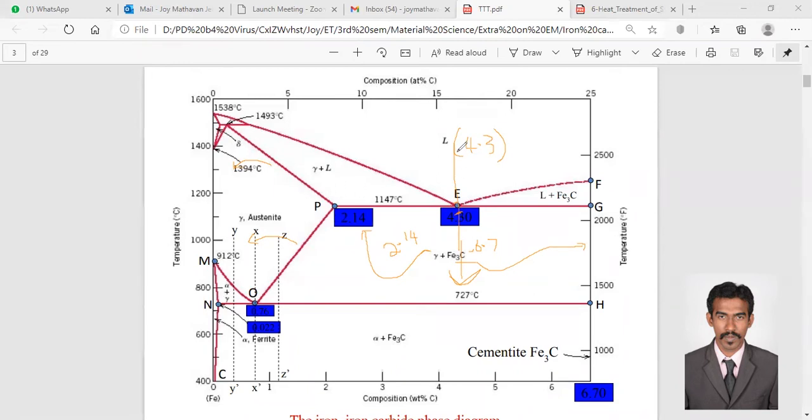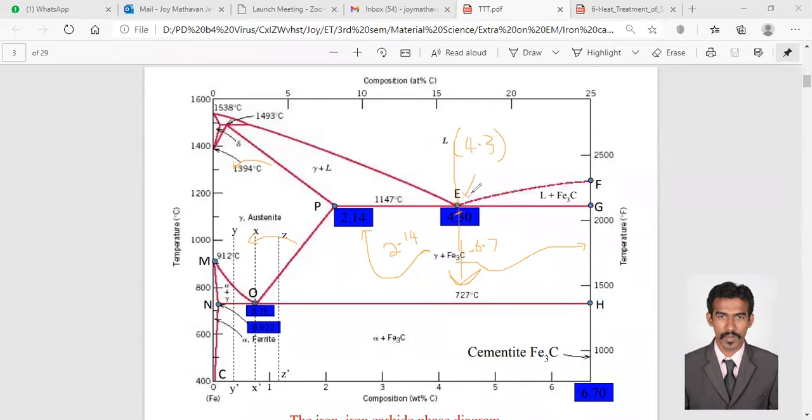So when coming from here to here, I have liquid here and gamma plus Fe3C there. This gamma percentage can be determined from here, that is 2.14%. Similarly, this Fe3C is 6.7%. And at this particular point, the liquid can accommodate 4.3% of carbon.